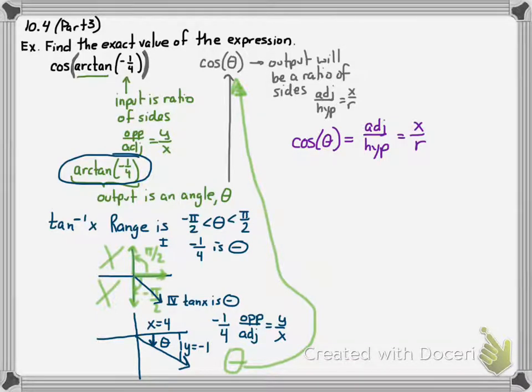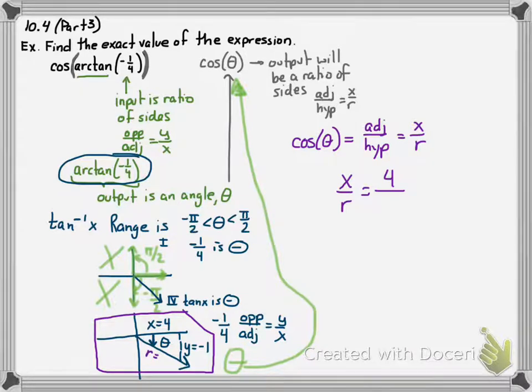I want to focus on this triangle down here, and I can see that I have an x value. Our x value is 4, and the r value, well, I still need to actually calculate that r value.